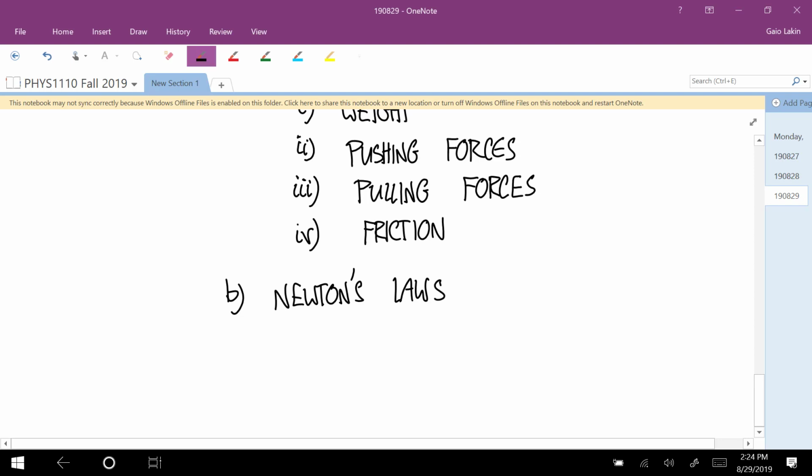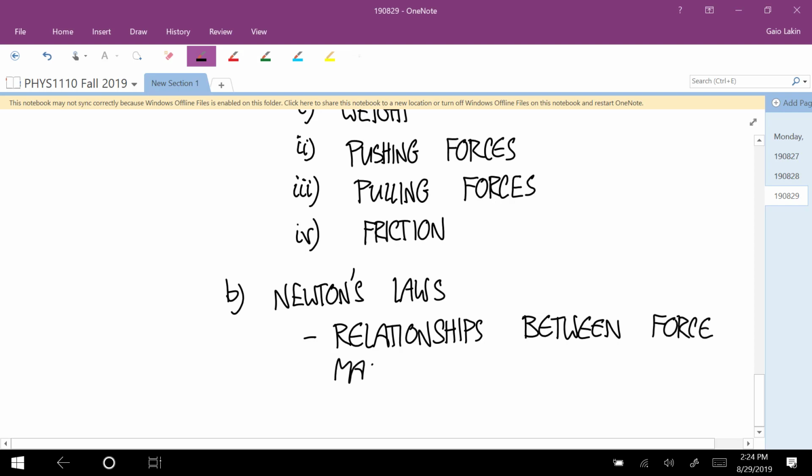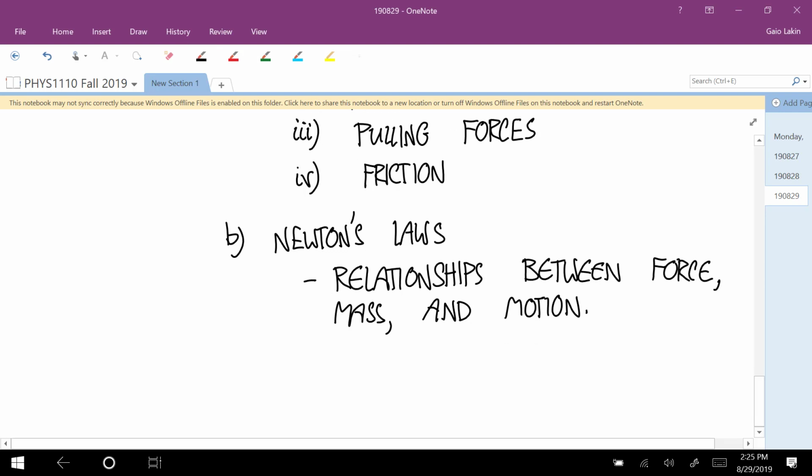And Newton's laws you can think of as giving the relationships between force, mass, and motion. So how do you know if you apply 150 newtons of force to an object with this mass, how do you know what it's going to do? Okay, that's what we're using Newton's laws for.